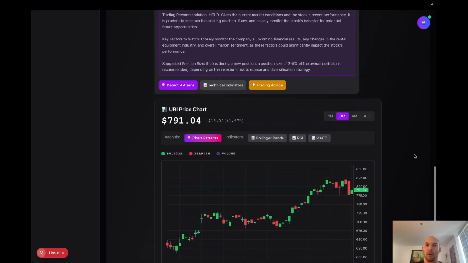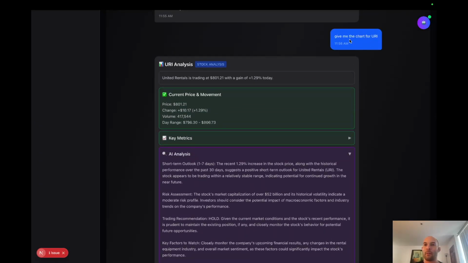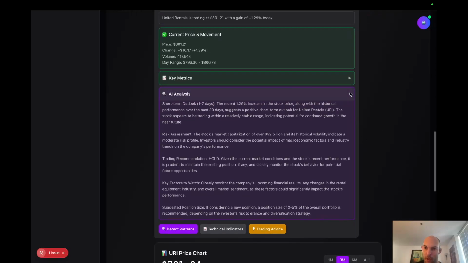Super cool. Okay. I'm so happy that it's consistently able to decipher when I say that to actually print the chart. Yesterday, it was not working as well. And then we have these drop downs that don't work, but they're cool.